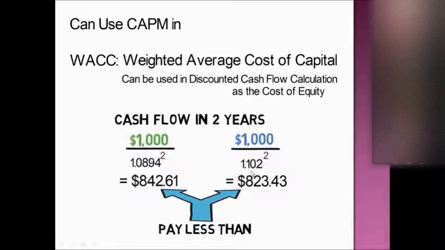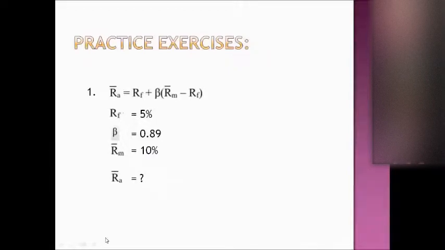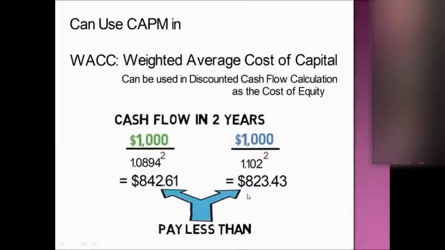Then the answer for that, divide it into 1,000, and that will give you 823.43. Okay, so what I want you to do now is try to compute it for yourself, and let's see if you got 842.61 and 823.43 for Facebook. Okay, do it now, class.